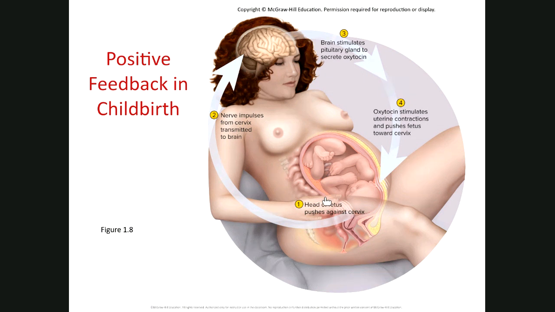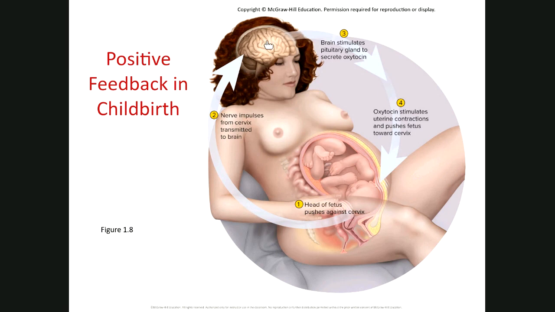These little receptors that are all along the uterine wall are sensitive to stretch. So the baby is pushing on the uterus, and those stretch receptors get activated. The stretch receptors then are going to send input along an afferent pathway to the control center, which, no surprise, is going to be the brain.